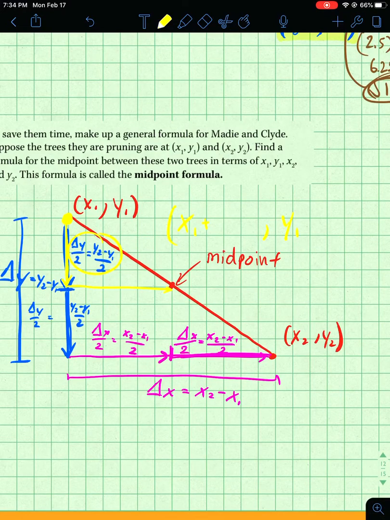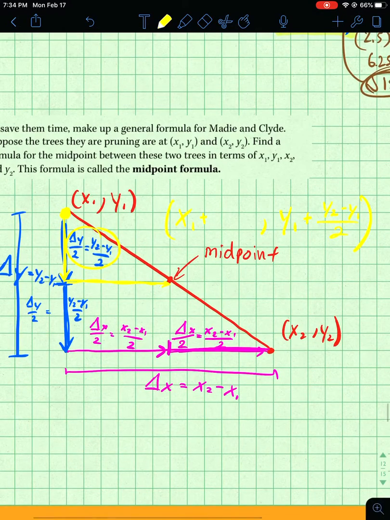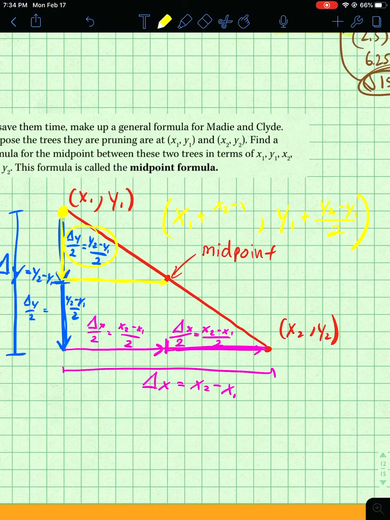For the y coordinate, plus y2 minus y1 over 2. And then for the x's, we can do the same. This distance we know, so we can add on x2 minus x1 over 2. And that's how we get our midpoint.